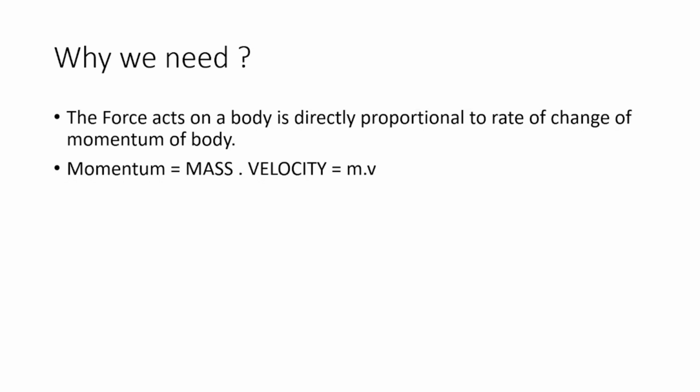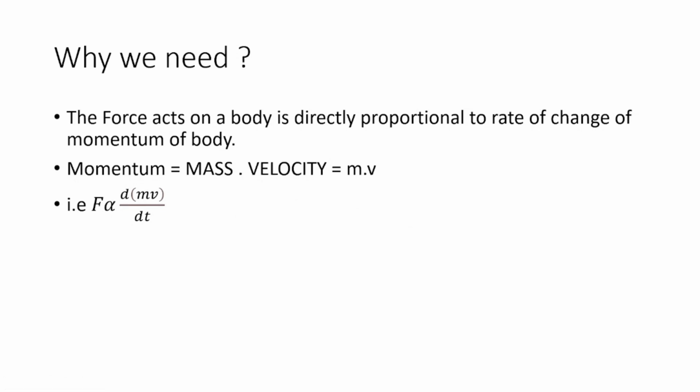So from the first statement, F is directly proportional to dp by dt, and after replacing the sign of proportionality, F is equal to k multiplied by dp by dt. Suppose k is equal to 1 and applying the derivative, we get d(mv) by dt, which is the derivative of momentum with respect to time.